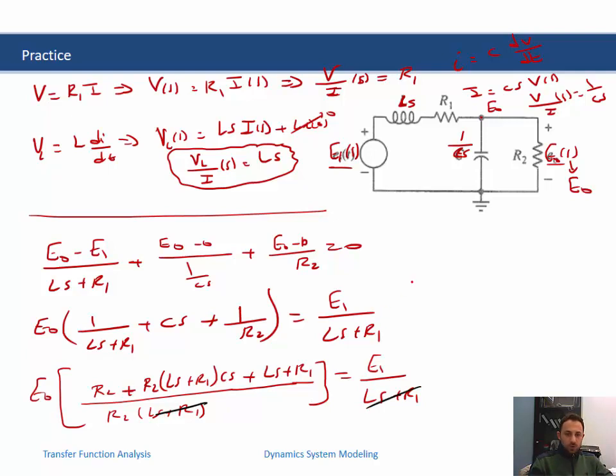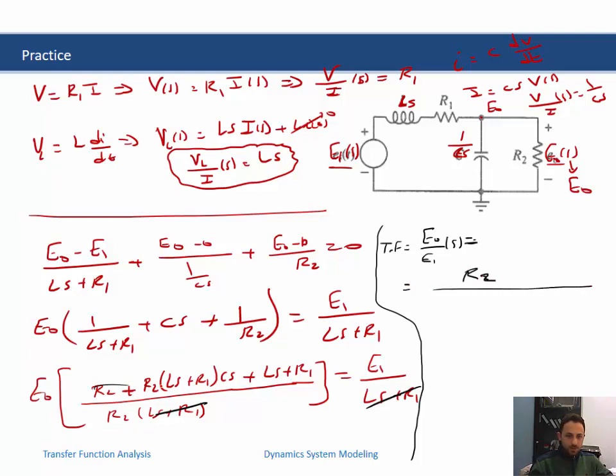Okay, so in order to obtain the Laplace transform, the transfer function, the transfer function is the output over the input in S domain, which is equal to R2 over this part, let's do it, R2 LC.